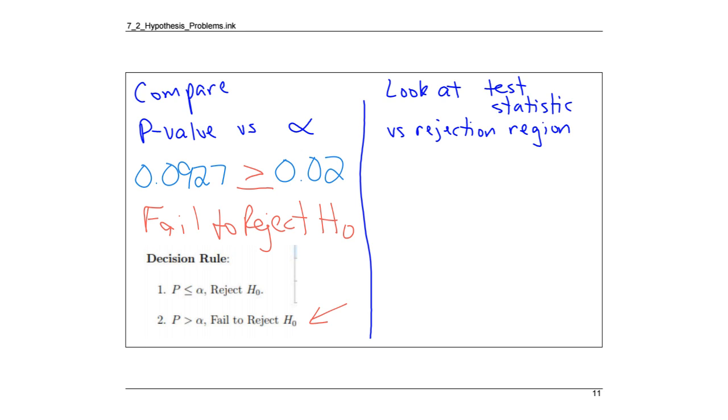But we also could look at the rejection region, which we found on that other slide. What we found was that it was 2.05, I think. This red area to the right of 2.05 would tell us that we would reject, right? So this direction, that's going to be the rejection region.